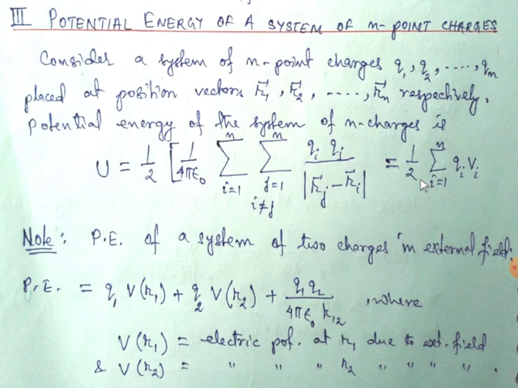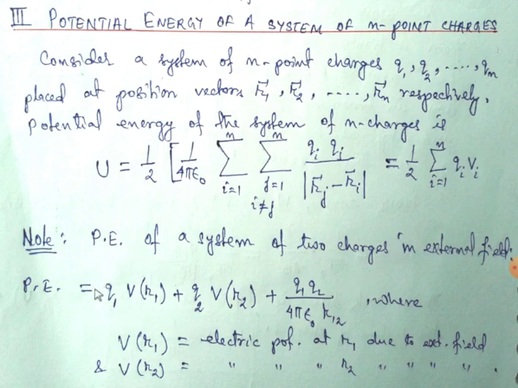So what happens when the 2 point charges are brought from infinity up to those positions in the presence of some external field? The formula will be changed a little. Why? Because when you bring q1 to position A, there will surely be work done, because an external field is there. So you need to bring q1 from infinity up to position A against that external electric field.